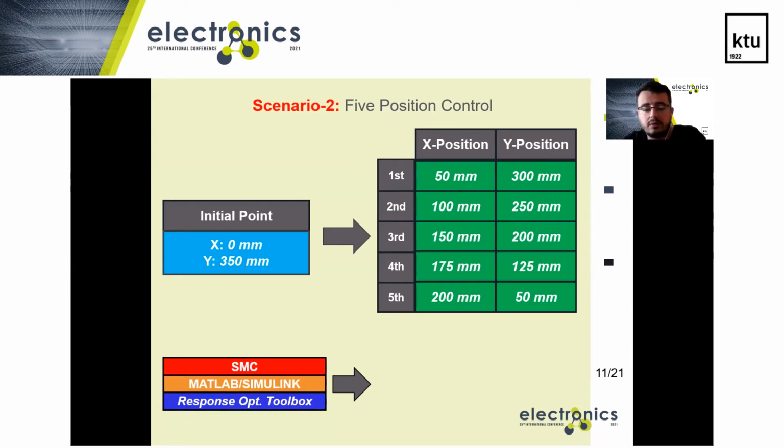Also, we performed these control structures in MATLAB Simulink, and we defined all the coefficients and parameters for the sliding mode controllers under the response optimization toolbox. In difference from scenario 1, in the response optimization toolbox, we compared 3 different optimization algorithms: gradient descent, pattern search, and simplex search. These optimization algorithms are all ready for use in the Simulink environment.